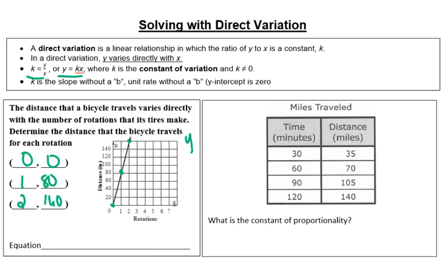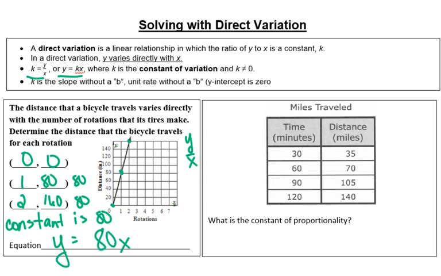If you do y divided by x on each of these, 80 divided by 1 is 80, 160 divided by 2 is 80. So your constant is 80, and your equation would be y equals 80x. There's no y-intercept.